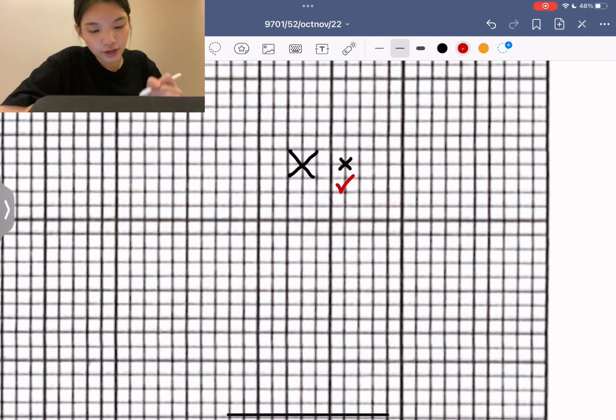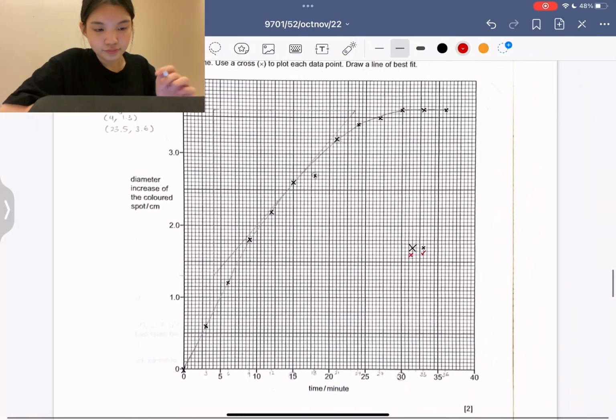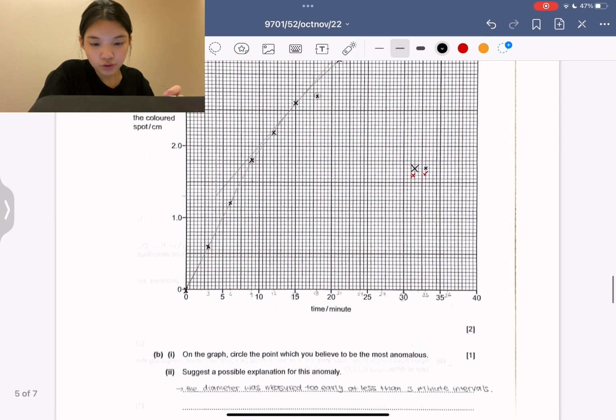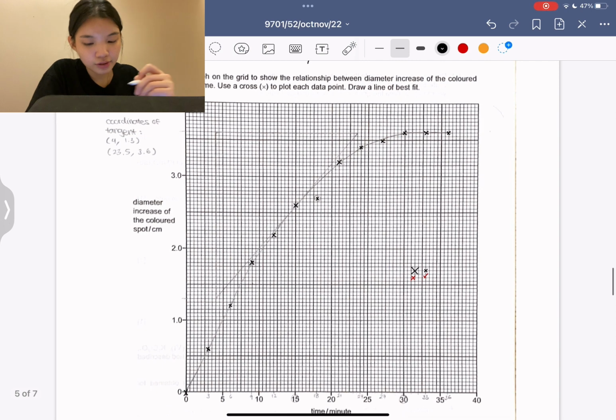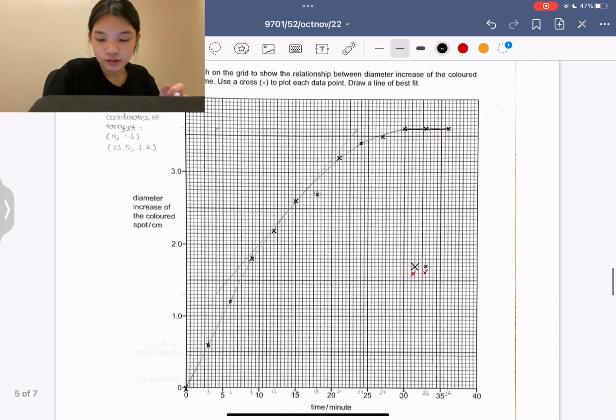This is correct, this is wrong. It should be small enough. Later I will connect the graph like the one I did on paper, but it's quite difficult to do it right now, so just refer to the line that I have drawn. Then as you can see, it straightens out at the end.